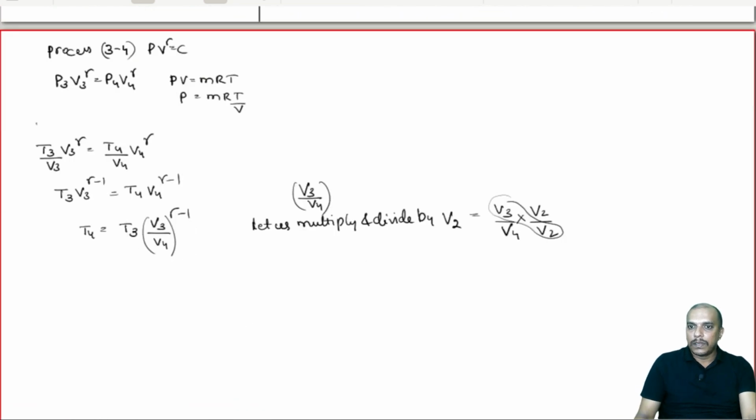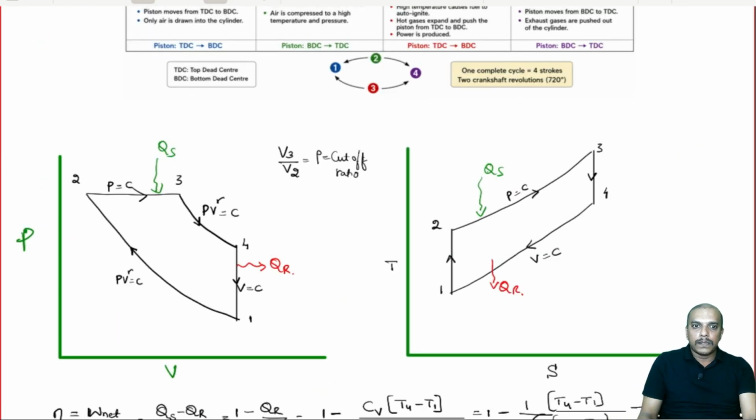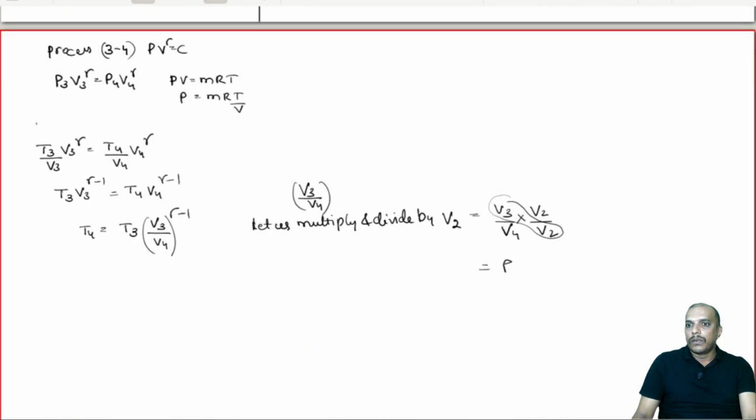So, that can be done. So, rho, and what is V2 by V4? Now, go back here, V4 is nothing but V1. We know that V1 by V2 is the compression ratio R, and V1 is equal to V4.